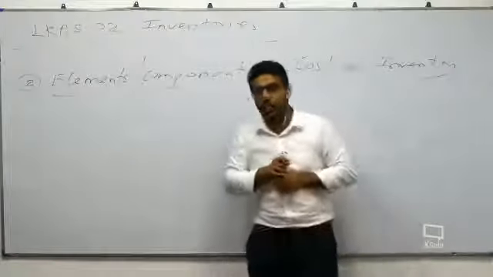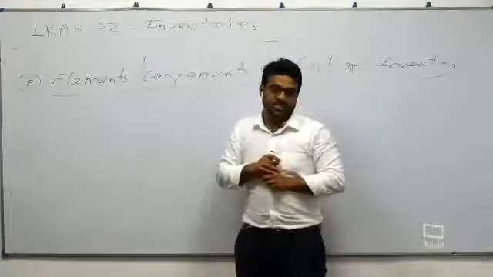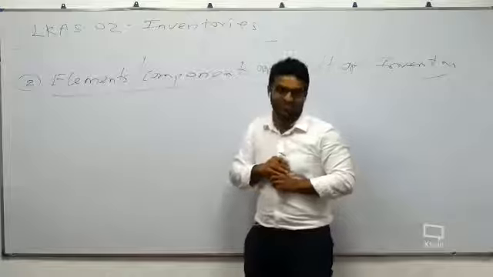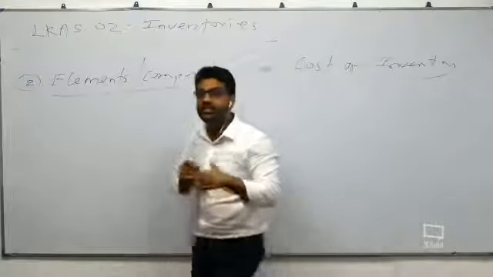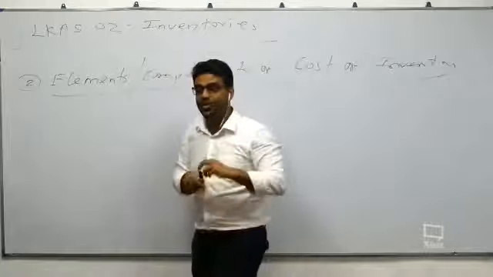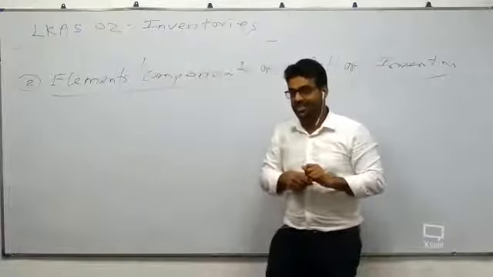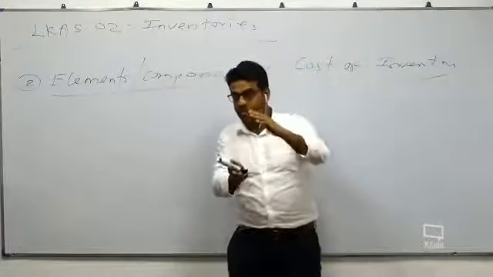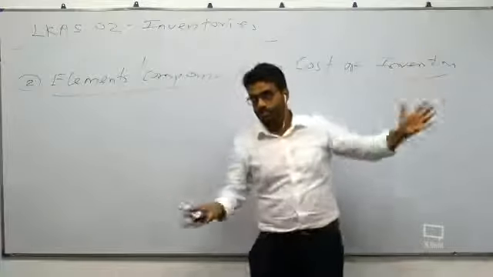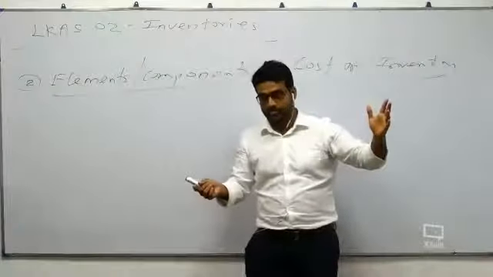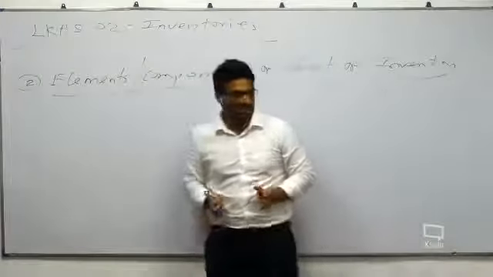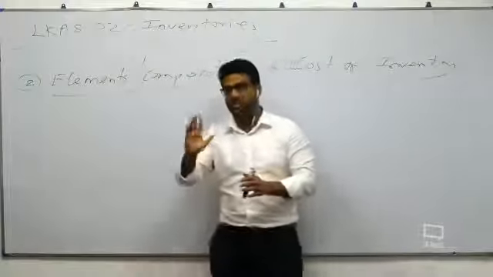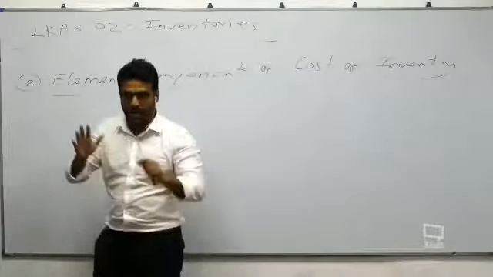Some businesses will not have 3, some will only have 1, some the 3 divided into maybe 30 or 20. Then you add all the 30, that is the cost of inventory. So it varies from business to business. But you need to have a broader knowledge.